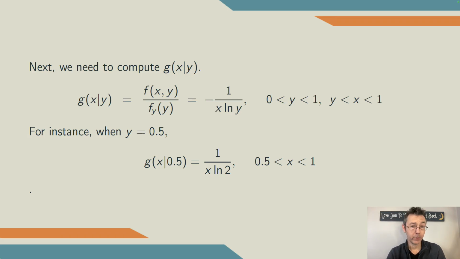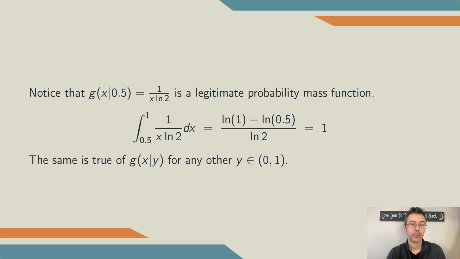Again, y between 0 and 1, x between y and 1. So, for instance, when y is equal to 0.5, we can just plug that in. We get g of x given that y is 0.5 is 1 over x ln 2. X then has to be between 0.5 and 1, 0.5 being the value of y that we're plugging in here.